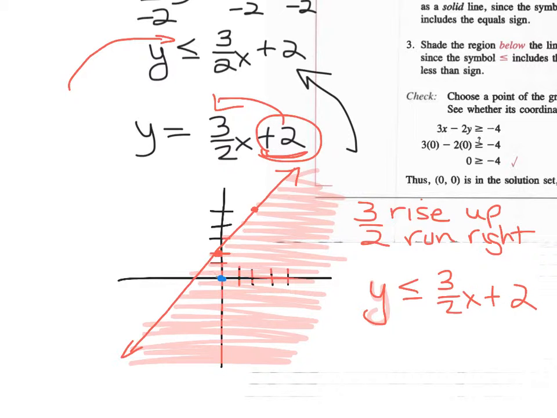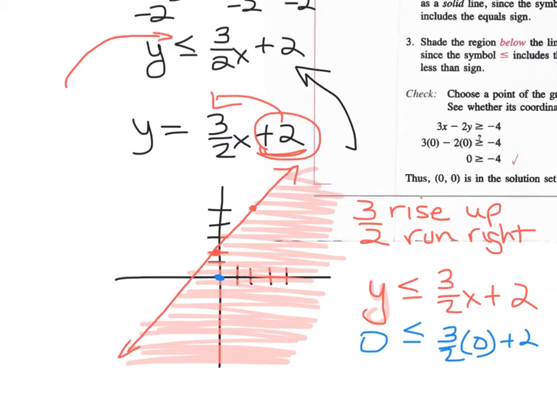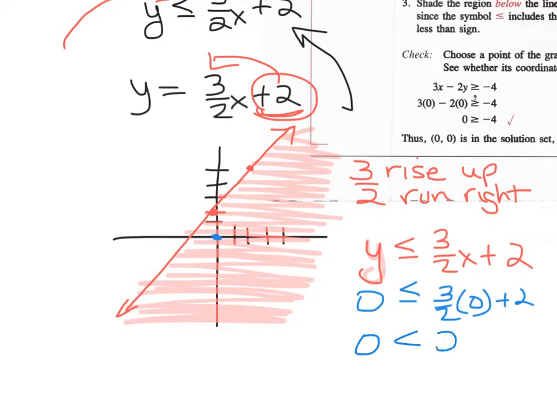A point in my shaded area, the easiest one to check it with is 0, 0. So I plug in a 0 for the y, a 0 for the x, and then I simplify it. If I end up with a true statement, which I do, then I know I've shaded the correct section.